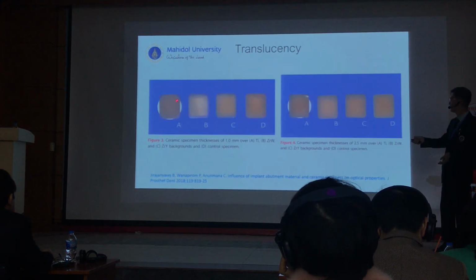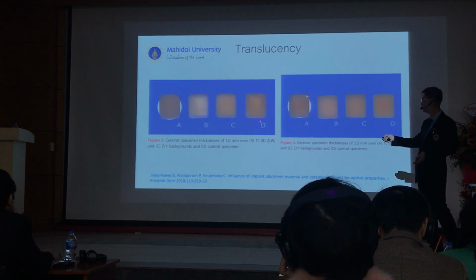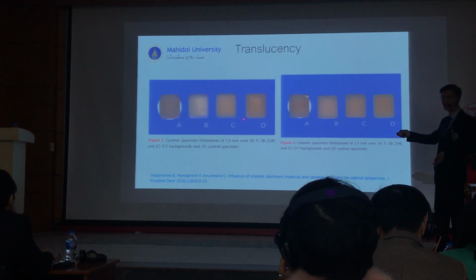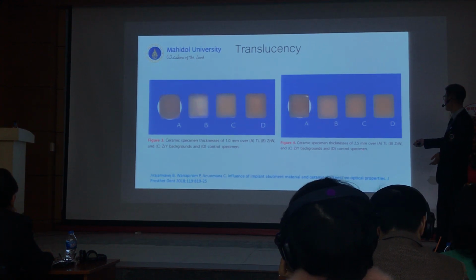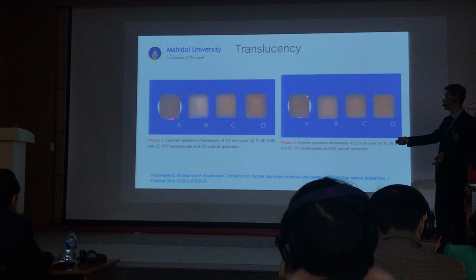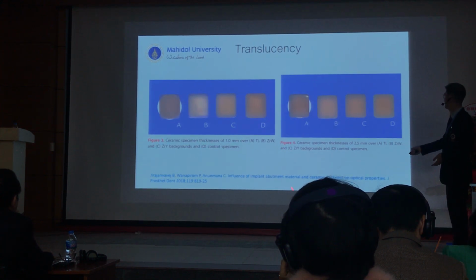Look at this one. This one is a control. You want something like A3 over here, with 1 millimeter of ceramic, 2.5 millimeters of ceramic. This is ceramic on titanium, on the white zirconia, on the yellow zirconia.